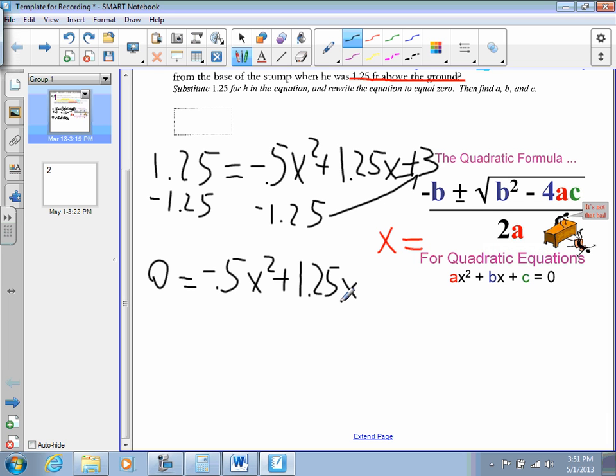And now, if we take 3 and we subtract 1 and 25 hundredths from it, well, let's see, subtract 1 from 3, we get 2. Take 2, subtract 25 hundredths, we're going to get 1 and 75 hundredths. So let's show that math over here for a moment. Let me change colors so we're not confusing.